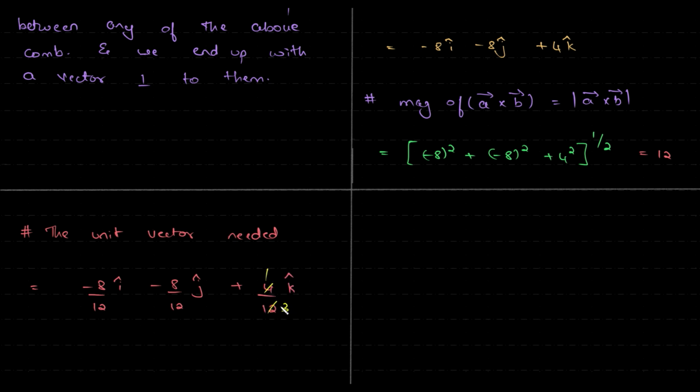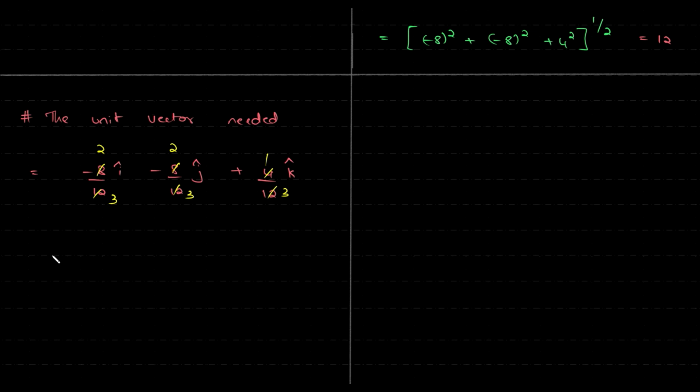So we can write this as 1/3 of (minus 2 i cap minus 2 j cap plus 1 k cap).